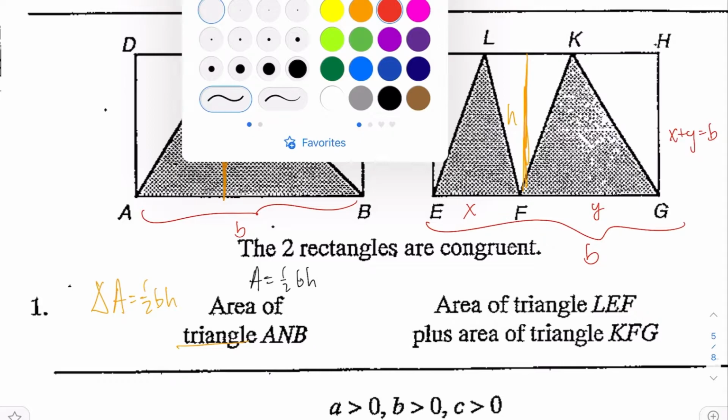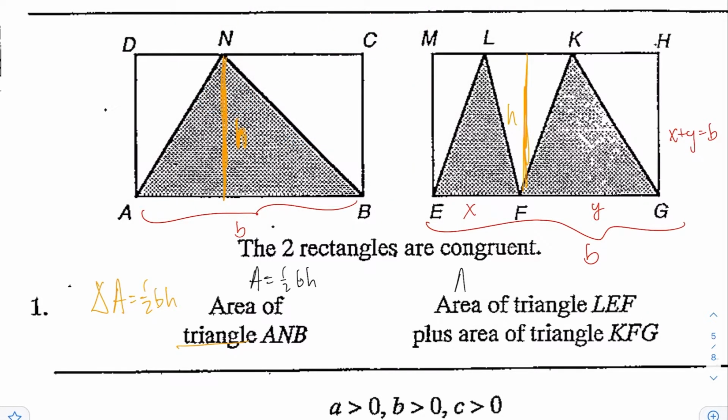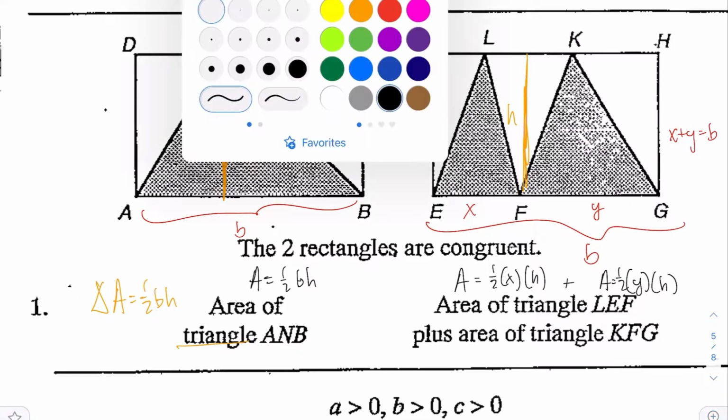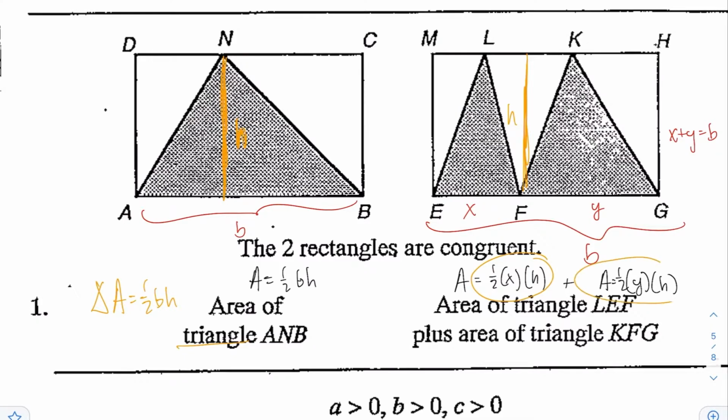So for the 2 triangles, triangle LEF, the area will be 1/2 the base, which is X, times the height, which is H. For the triangle on the right, you have 1/2 Y times H. You want to add them up. So when you add these 2 areas up, you have 1/2 XH plus 1/2 YH.